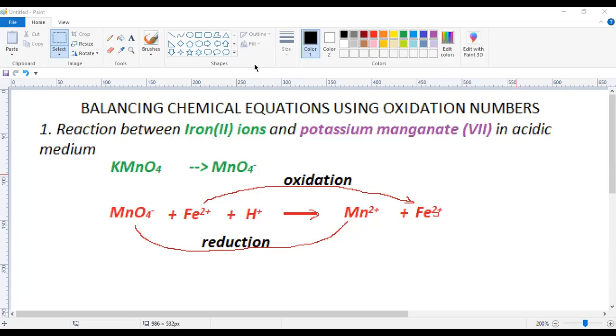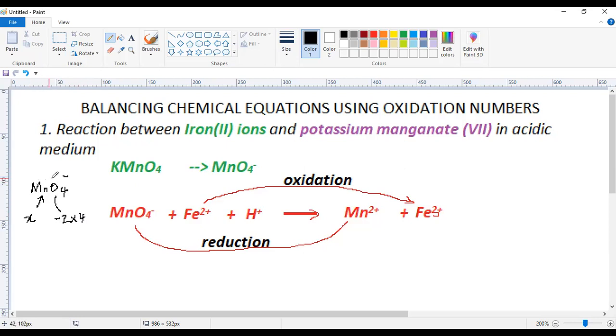This work begins by calculating the oxidation number of substances which reduce and the oxidation number of substances which oxidize. You can see here manganese oxidation number in MnO4 minus. By assuming the oxidation number of manganese to be X, and oxygen oxidation number is -2, there are 4 oxygen atoms.